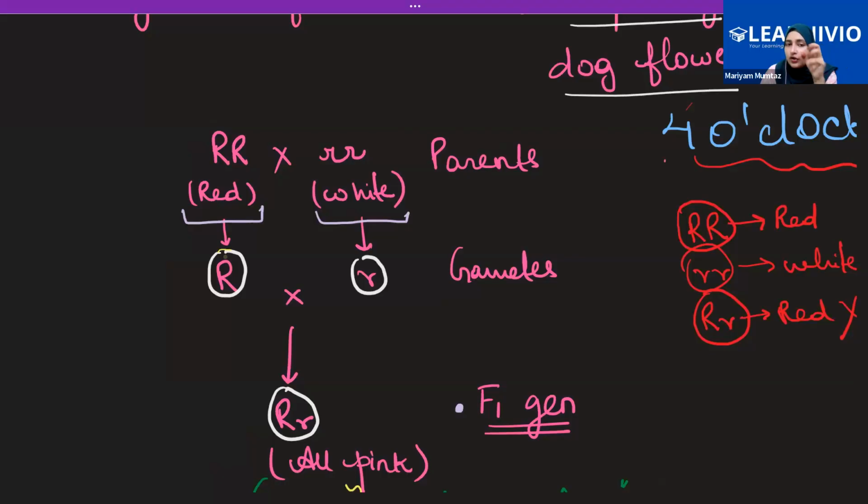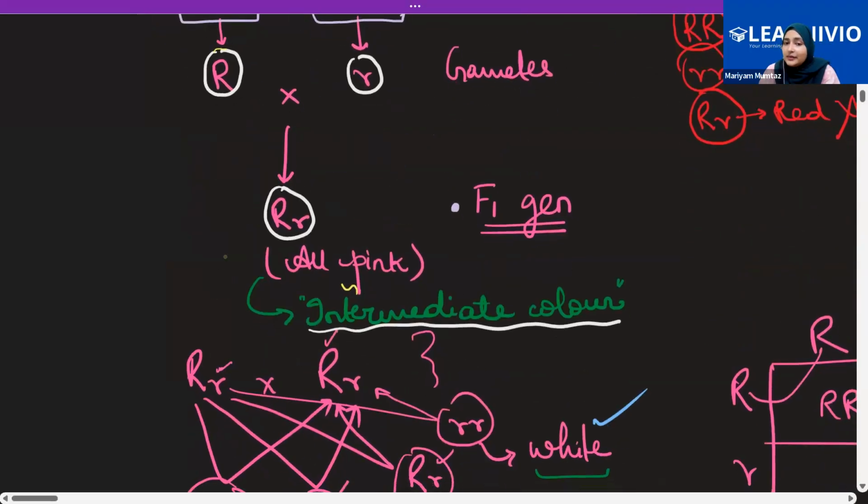But when they are crossed together, normally, what does the Mendelian law say? It says that in the F1 generation, the offspring is going to be dominant, and in the F2 generation, both dominant and recessive traits are going to be seen. But here, instead of the dominant trait being shown in the F1 generation, an intermediate trait is shown. Instead of red, pink colored flowers were seen.